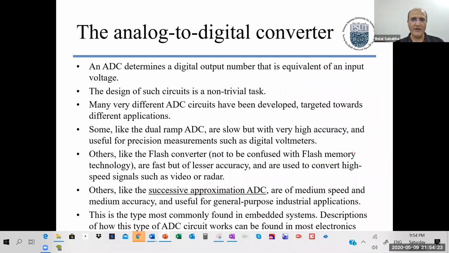Analog to digital converters are of many types, and their task is non-trivial.